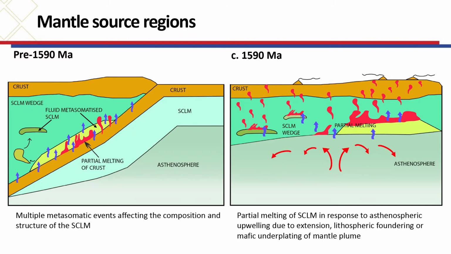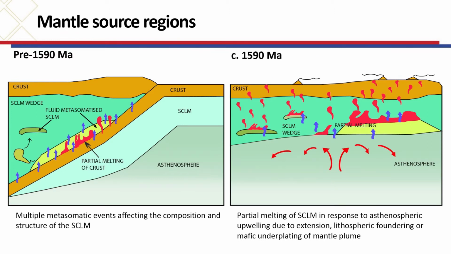It's possible that during one of these subduction events, the fluids derived from that subducting slab have created metasomatized components. Some of these may have broken away and then become isolated and stored within the subcontinental lithospheric mantle.